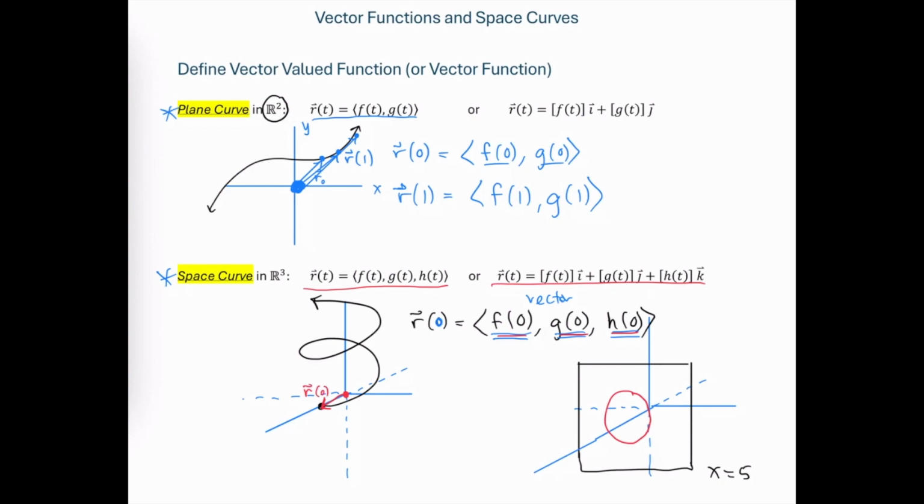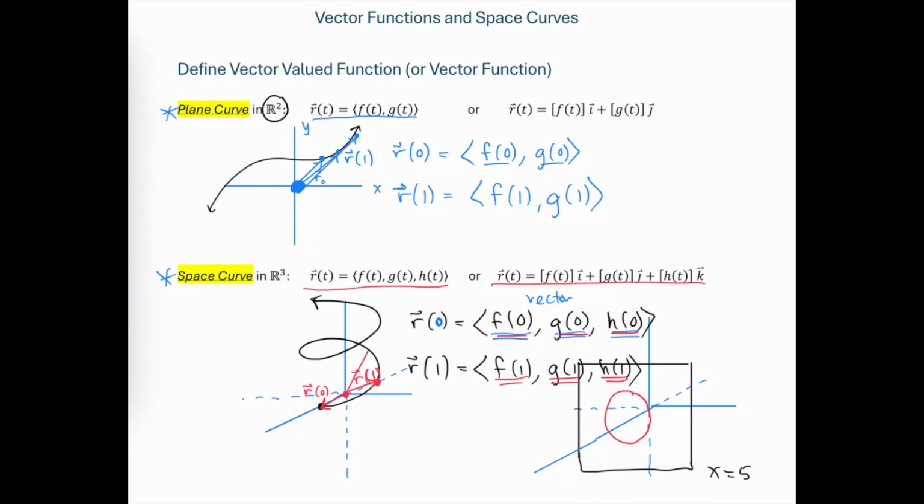When we plug in the value of the parameter 1, we'll plug that 1 into each of those individual components, and then the output is going to be the corresponding vector that has a terminal point landing at the ordered triple that corresponds to these components.